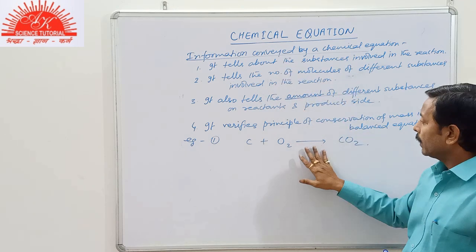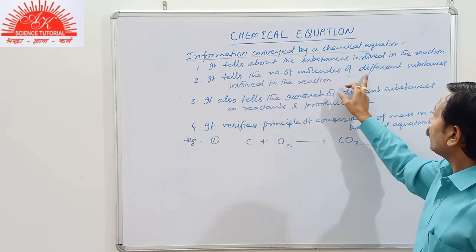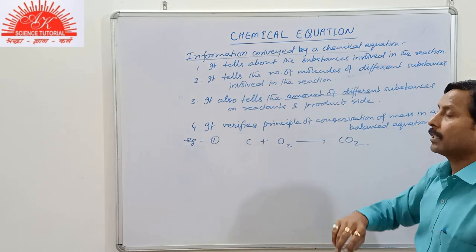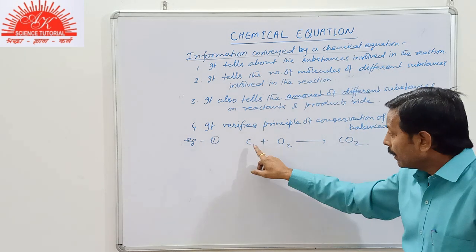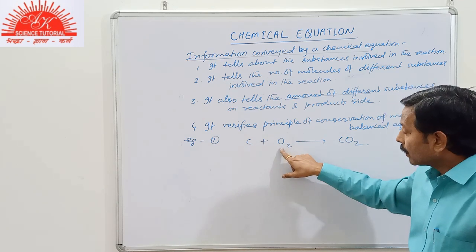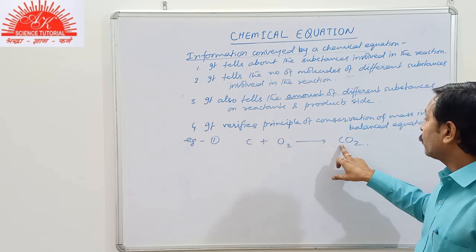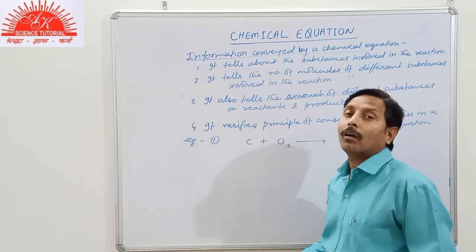So the substances involved are known now. Next, it tells the number of molecules of different substances. You see here, 1 mole or 1 atom of carbon reacts with 2 atoms of oxygen, or 1 molecule of oxygen, to form 1 molecule of carbon dioxide.